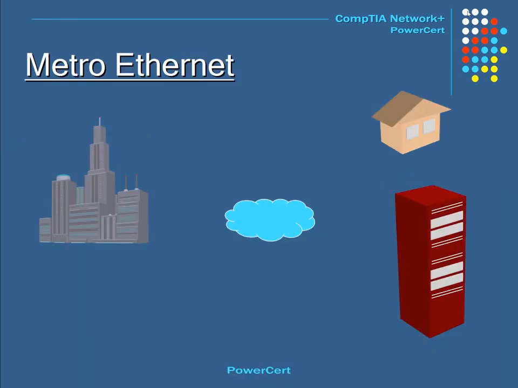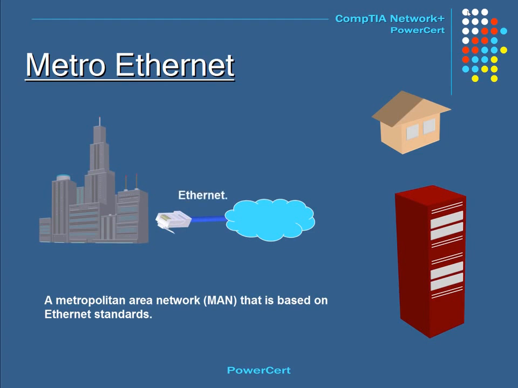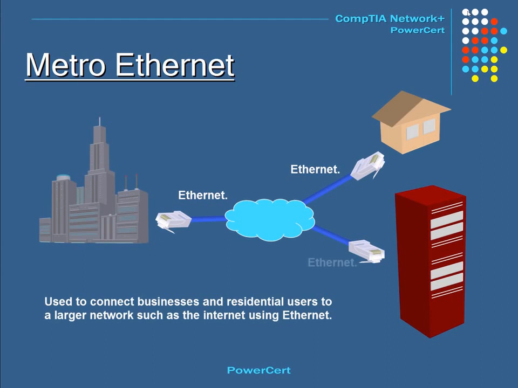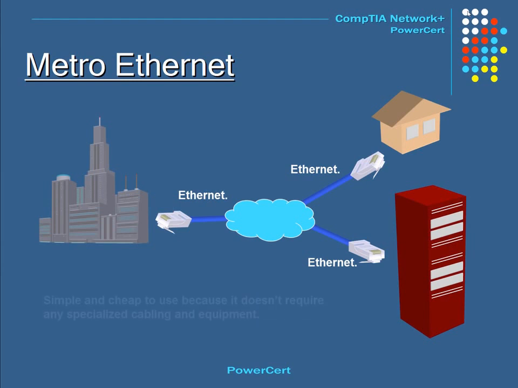Metro Ethernet is simply a Metropolitan Area Network, or MAN, that is based on Ethernet standards, and it's basically used to connect businesses and residential users to a larger network such as the Internet using Ethernet. Metro Ethernet is fairly simple and cheaper to use because it doesn't require any specialized cabling or equipment like other expensive technologies require.